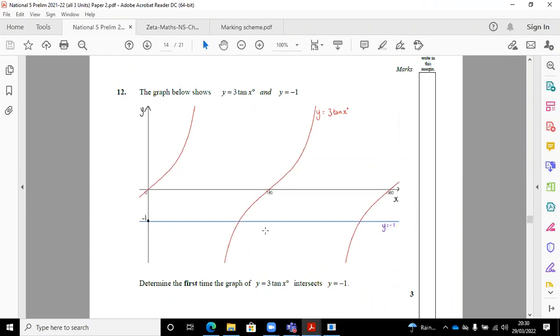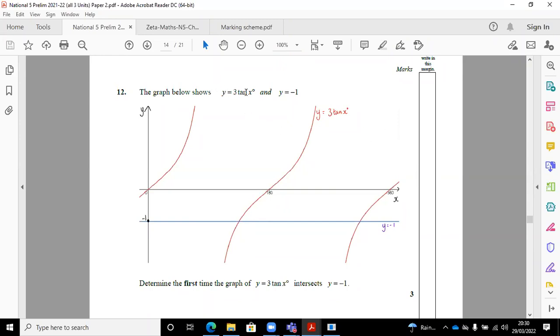What have you got in front of you? You've got the tan graph, that we should recognise. So we've got the tan graph starting at 0, and going up to infinity at 180, going up to infinity, 360. So we should recognise the tan graph.